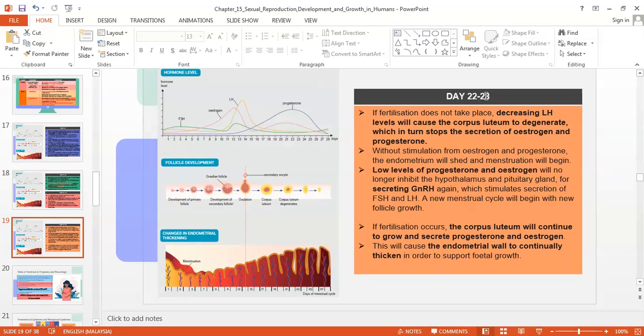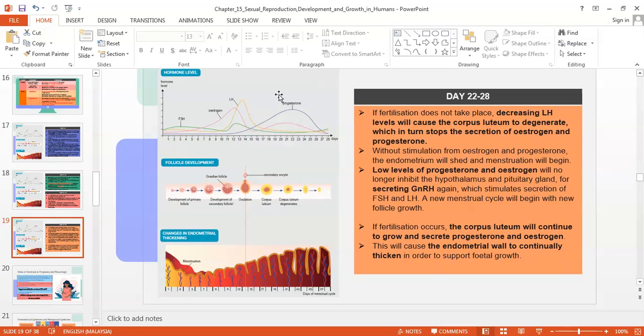Okay, day 22 to 28, if fertilization does not take place, the decreasing luteinizing hormone akan menyebabkan corpus luteum tu degenerate, makin mengecil dan mengecil. Kalau tak berlakunya fertilization dan bila corpus luteum makin mengecil, maka the secretion of estrogen and progesterone will reduce dan lama-lama hilanglah secretion of estrogen and progesterone tu.